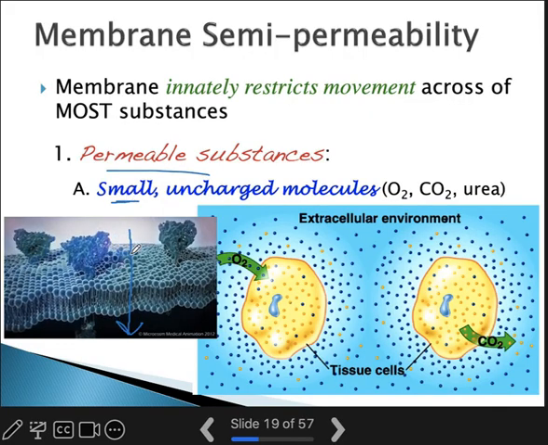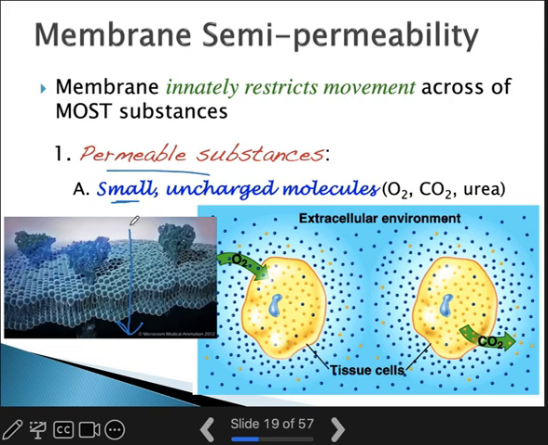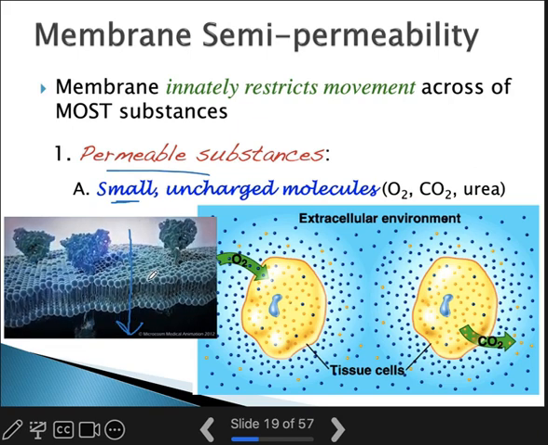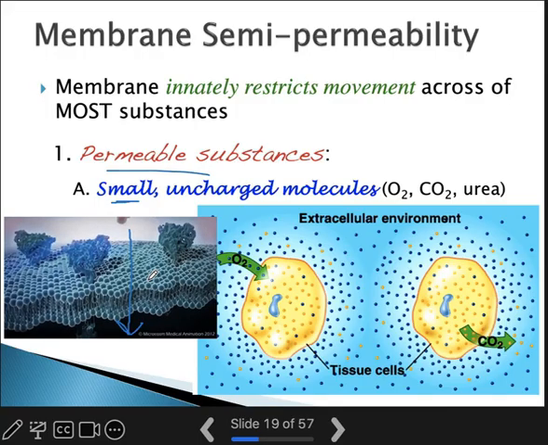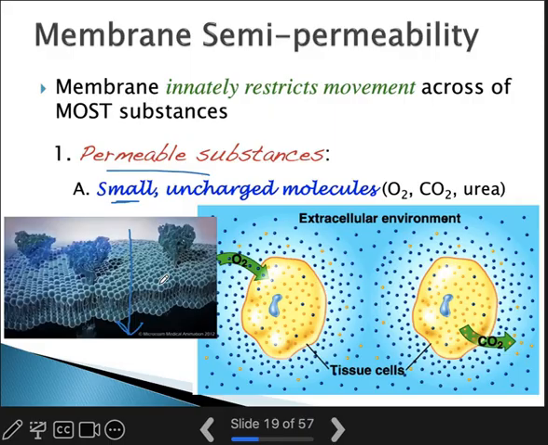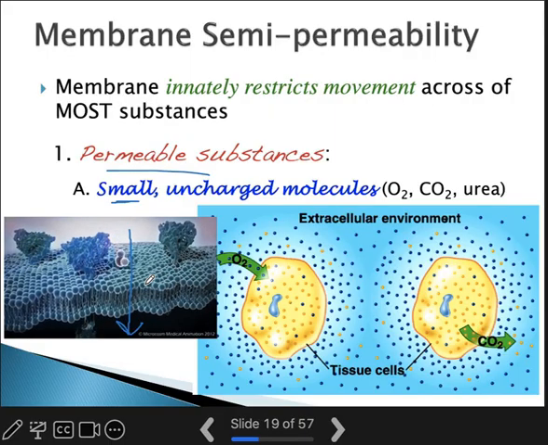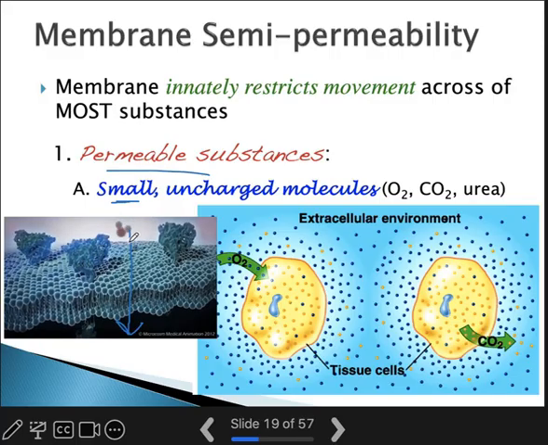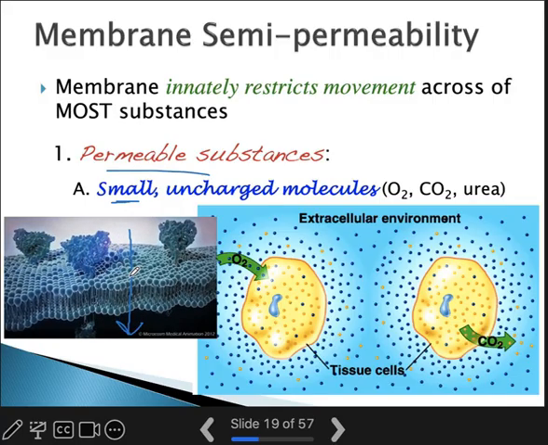Why small? The answer is because if you're going to move through the phospholipid bilayer, then you're going to be disrupting the orientation of the phospholipids. Remember, they're standing side by side, shoulder to shoulder, because that is the optimal arrangement in their watery environment. So if you're going to move between them, you have to push them aside.